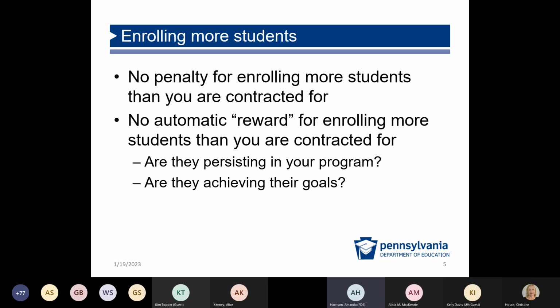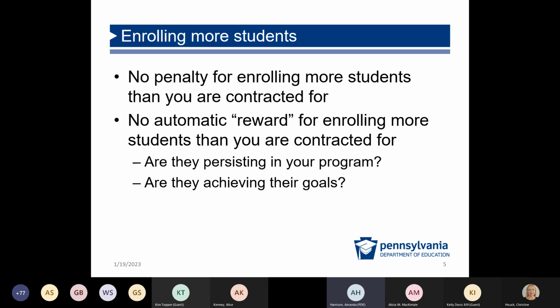There is also no automatic reward for enrolling more students than you're contracted for, right? That in and of itself is not necessarily considered a good thing if the reason you can enroll so many people is you have so many people dropping out before they're getting their outcomes. So, if you are enrolling students, are those students persisting in your program?